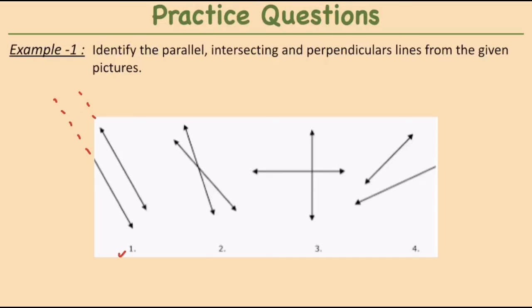So, these lines are called parallel lines. And in question number 2, the 2 lines are intersecting at one point. So, these lines are called intersecting lines.